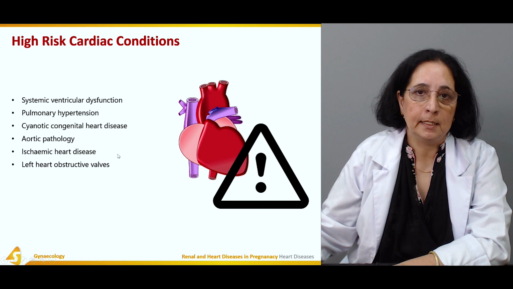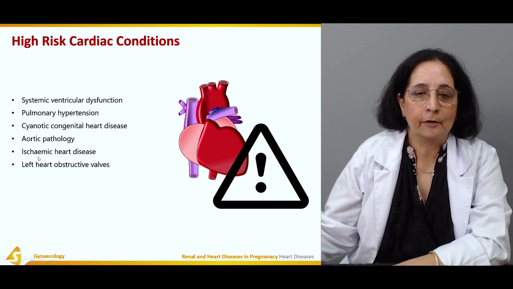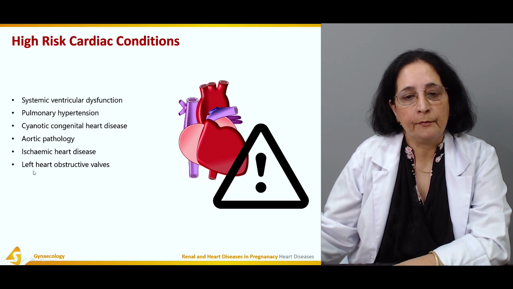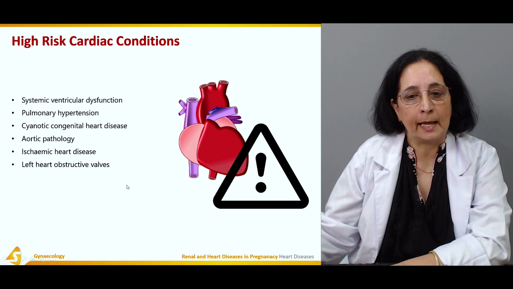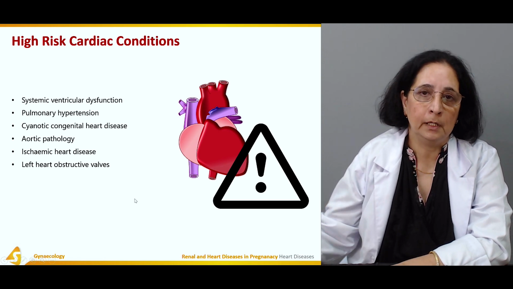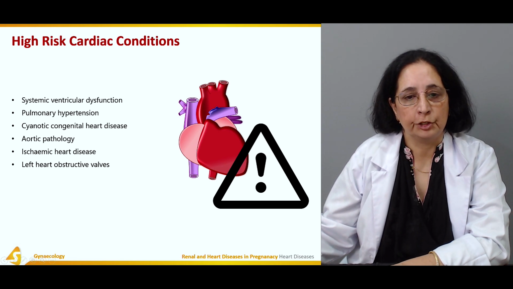Ischemic heart disease is a disease in which there is decreased supply of oxygen. Then we have left heart obstructive valves, obstruction of the valves on the left side of the heart, that can cause a high risk cardiac condition.